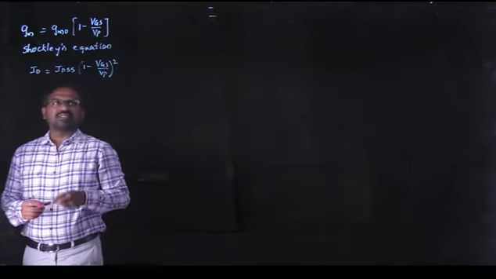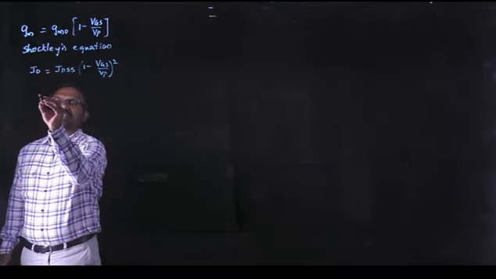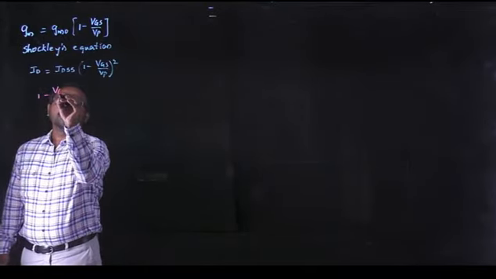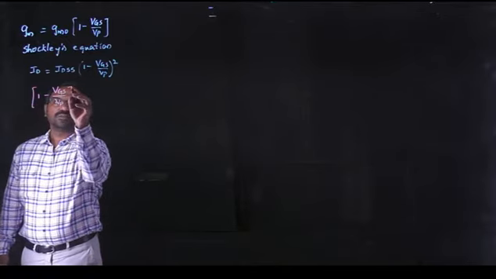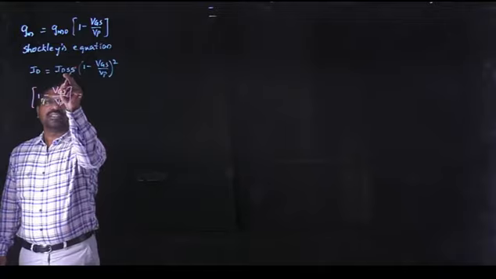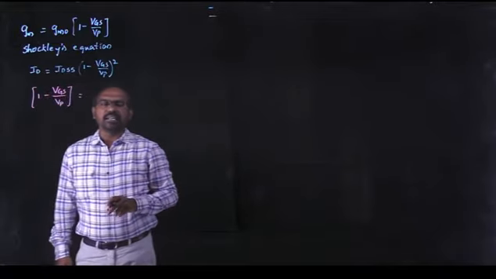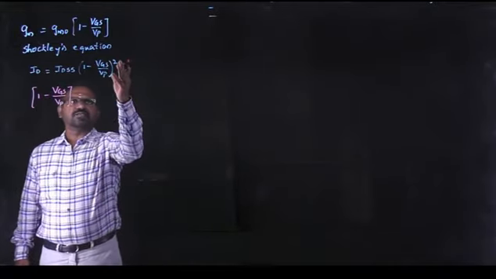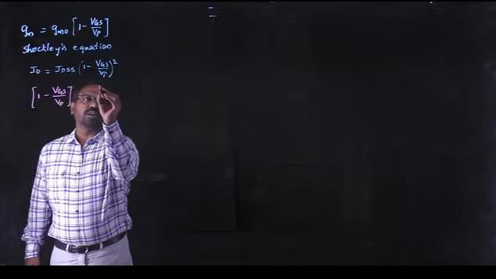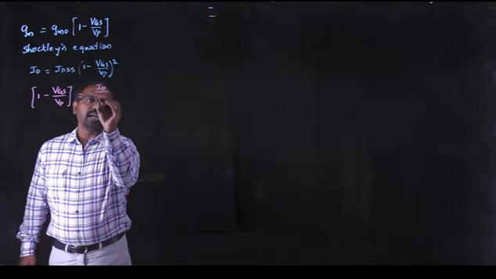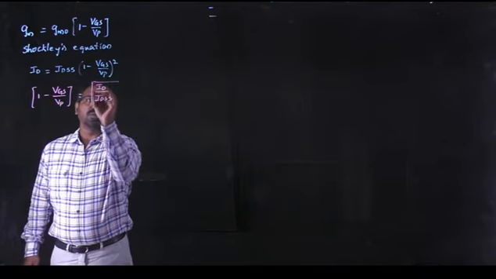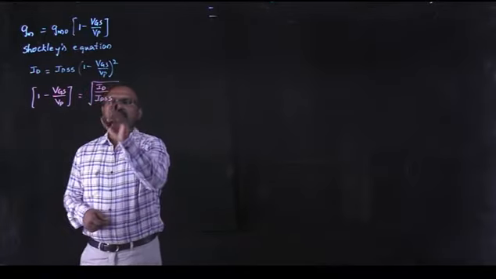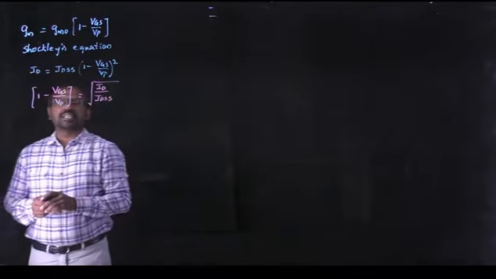From this equation, I will modify it as: 1 minus VGS by Vp is equal to, taking IDSS to the left side, ID by IDSS, and taking the square to this side, I will get a square root, so the square root of ID by IDSS. Now substitute this value in the transconductance.